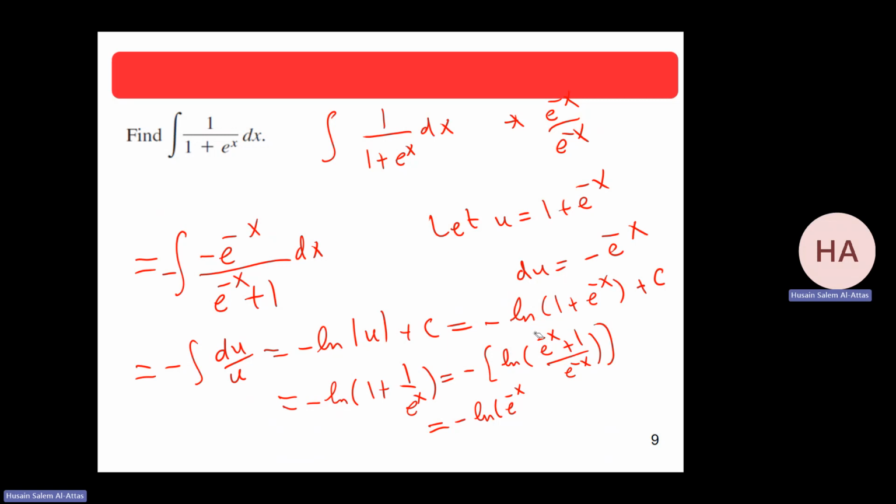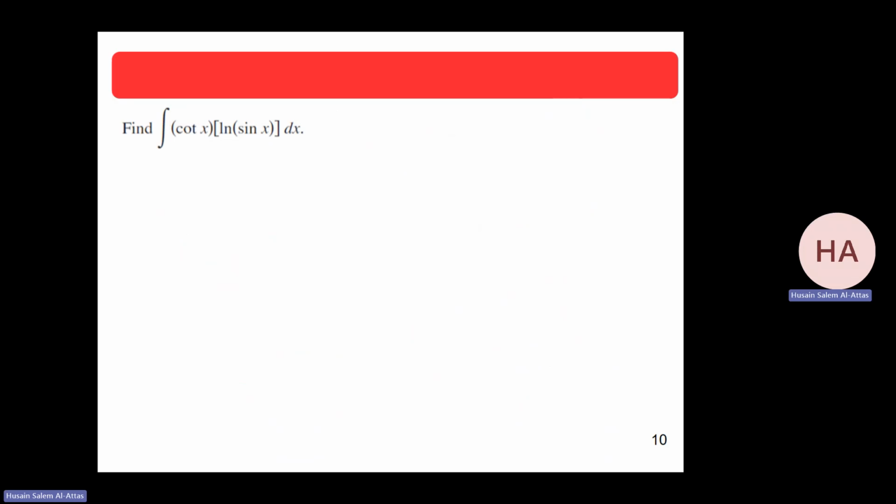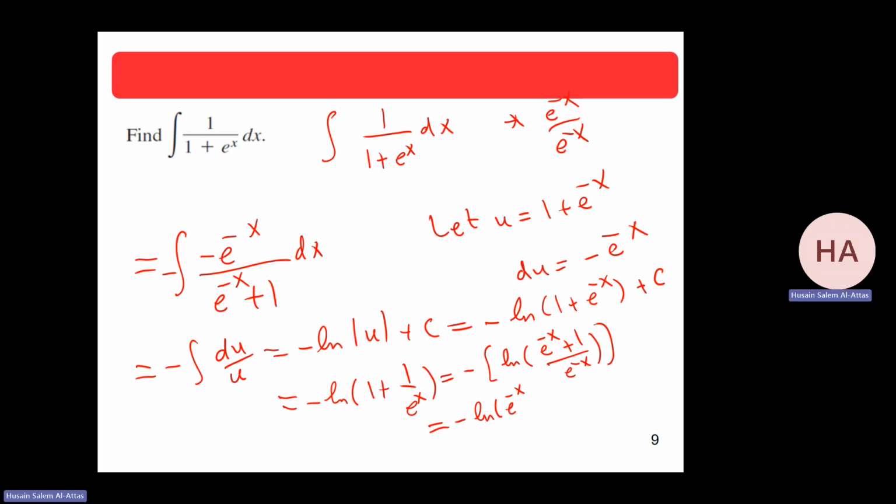So I have e to the power x plus 1 over e to the power x.